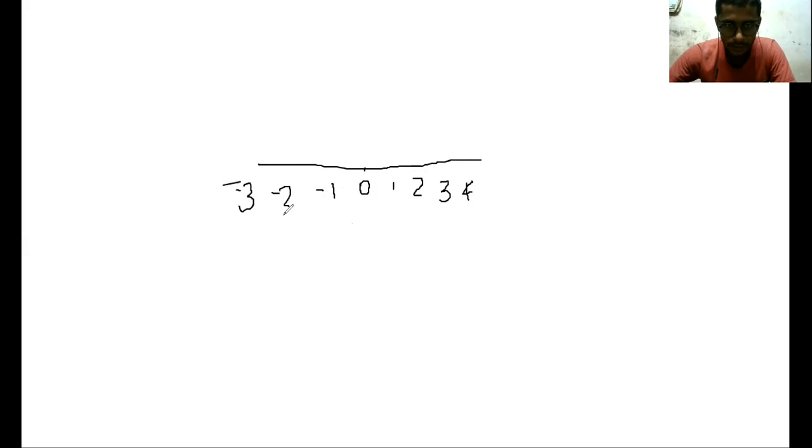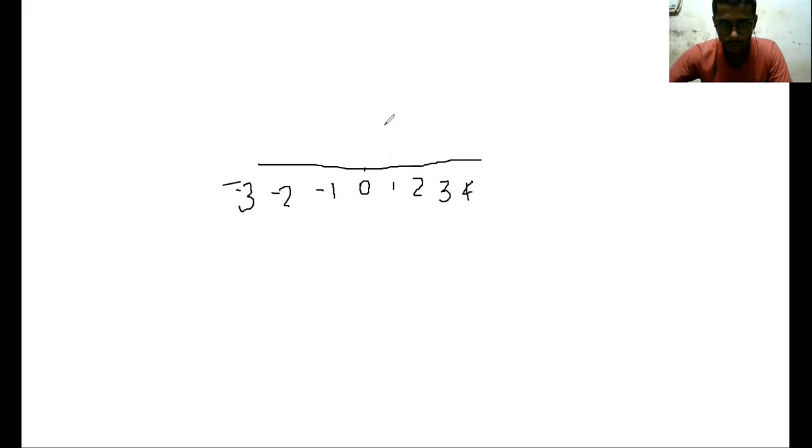So these are integers, starting from 0. Zero is a dividing point where it separates positive integers and negative integers, spreading from 0 to positive infinity and negative infinity.